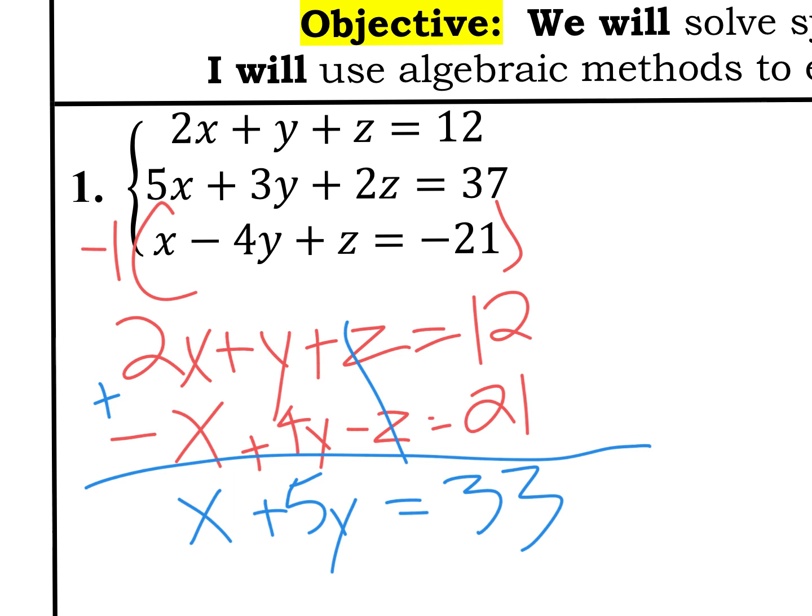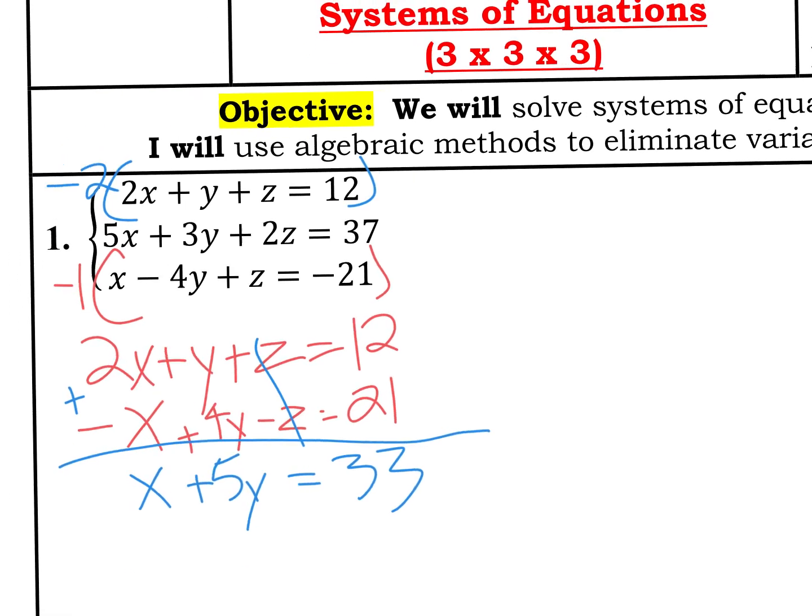You already eliminated the z that way. So I'm going to use the first two lines, these two. And so I see that this is a z and that's a 2z. So basically I need the top equation to have a negative 2. So I'm going to take this top equation, multiply it by negative 2, okay?